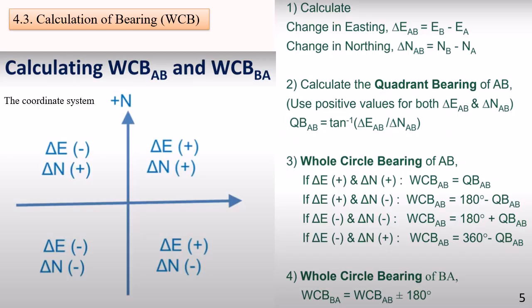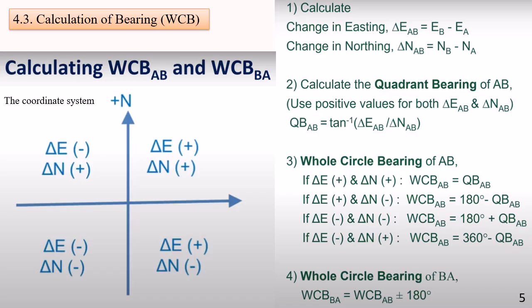Next, we are going to talk about how to calculate the bearing. I summarize the procedure for calculating the whole circle bearing of AB and the back bearing, which is of BA, in the following steps. There are very simple steps. I will explain them in detail now. Let's start with the first step. First, we need to calculate the change in easting and change in northing.